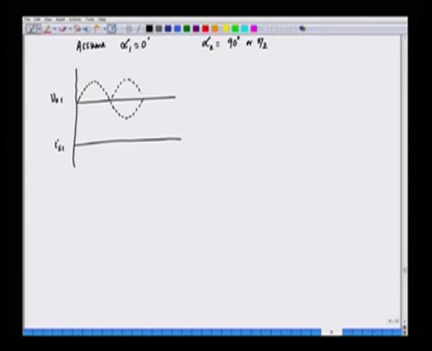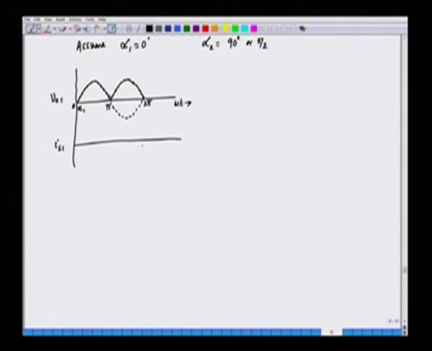This will be a simple rectified voltage. So, this voltage will be a rectified voltage like this. This is pi and this is 2 pi and this is alpha 1 and alpha 1 is equal to 0 here. So, this is at the origin in this case, this omega t.